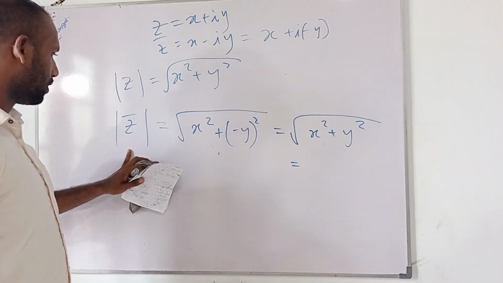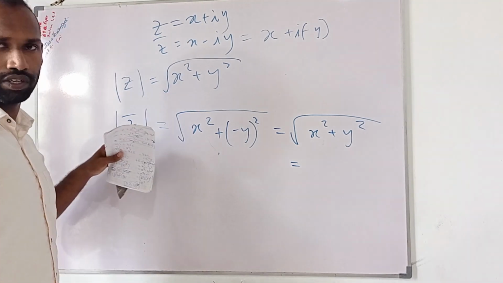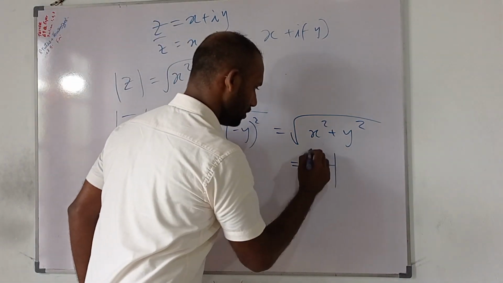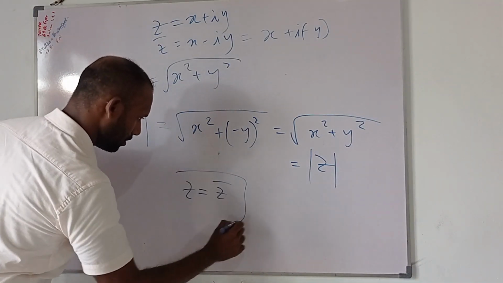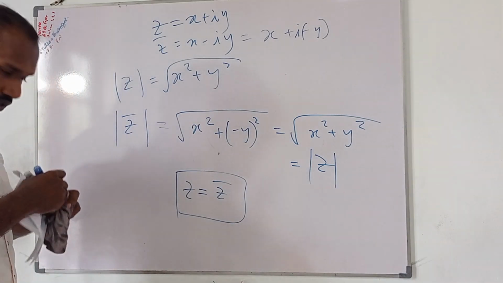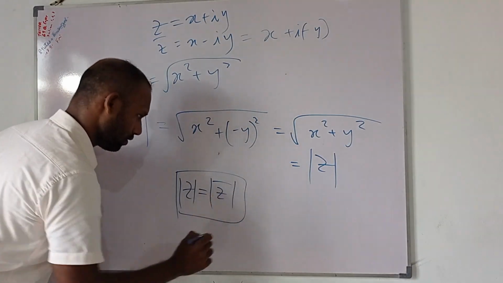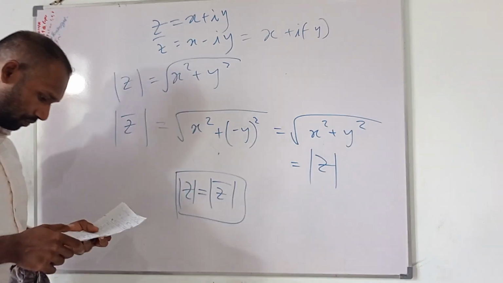So the modulus of Z bar equals the modulus of Z, and that is another formula. You have to remember these things.